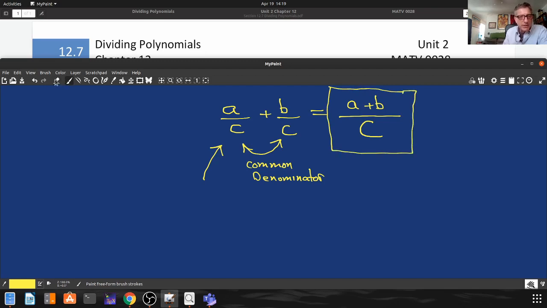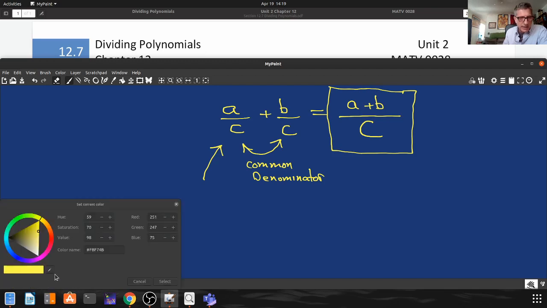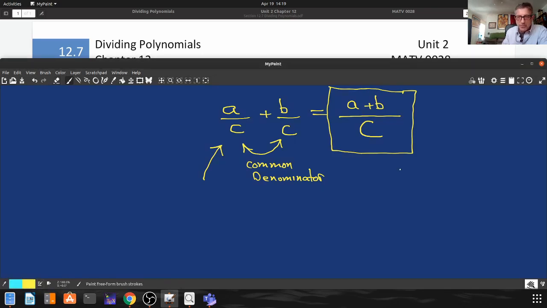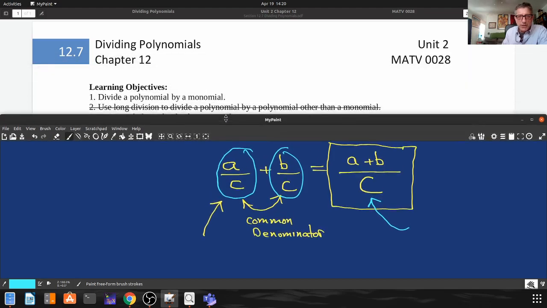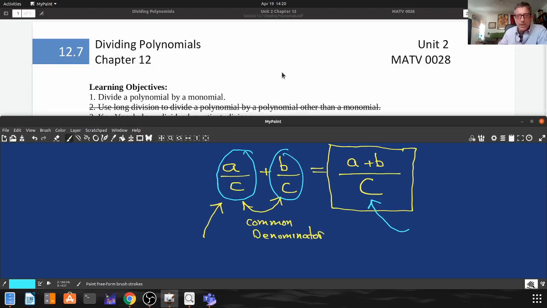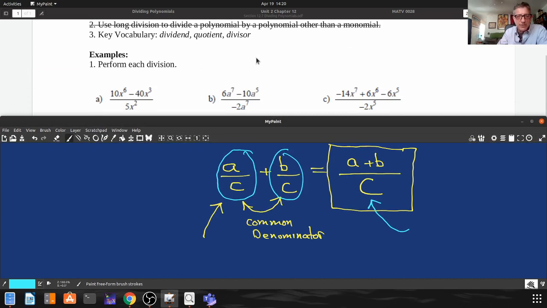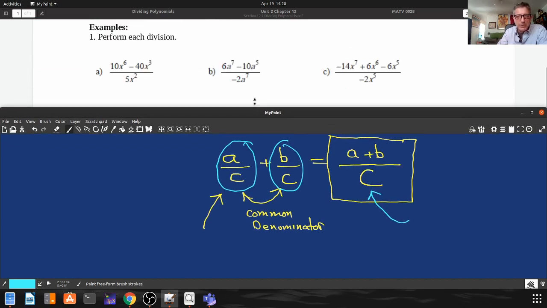And once we have that common denominator, it's easy to find the result. Now we're going to be doing the exact opposite. And thankfully for this class, the exact opposite is going to be really simple. We're going to be given a plus b divided by c, and what we want to produce is a/c plus b/c. There's not too many problems related to this, but it will be helpful to know.